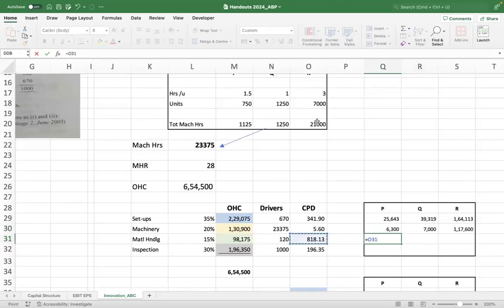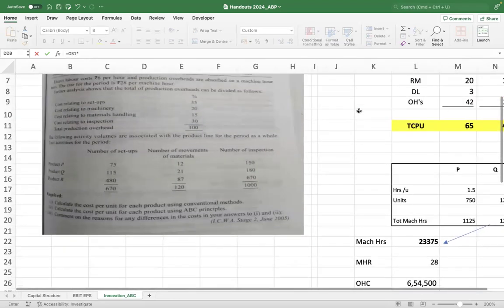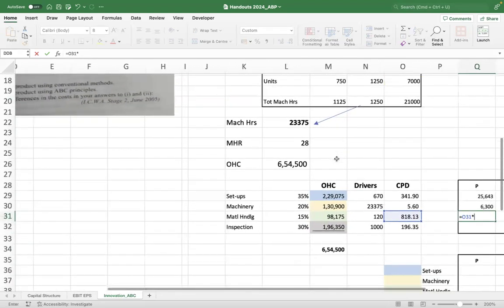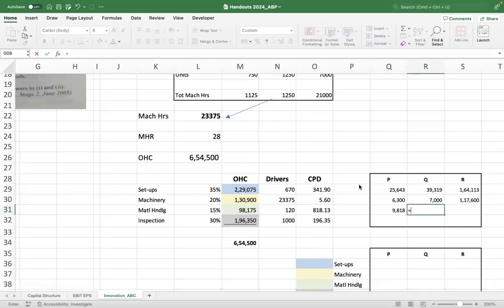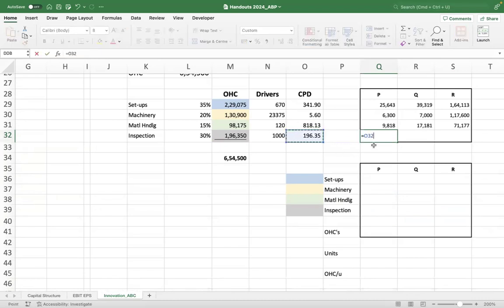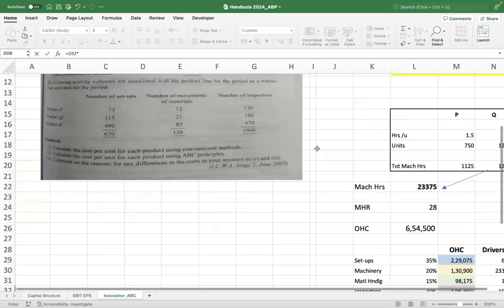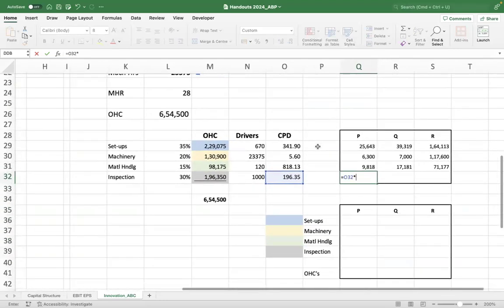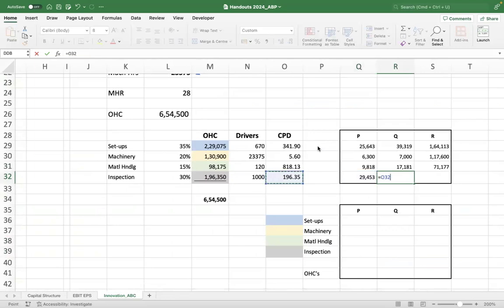Material handling के लिए it is 818.13 per material movement. How many material movements for P, Q and R? 12, 21 and 87. Right? उसी तरीके से now what we will do is we will also find out the cost for inspection: 196.35 into 150, 180 and 670.